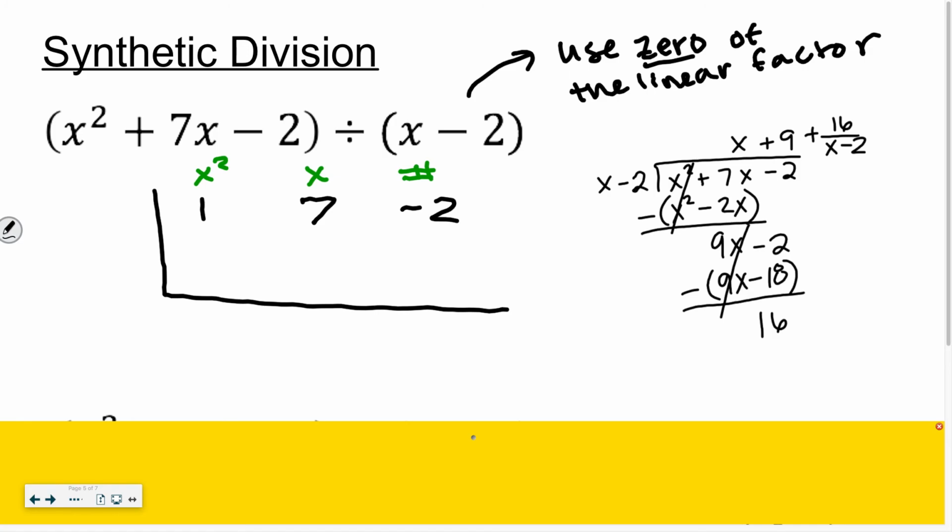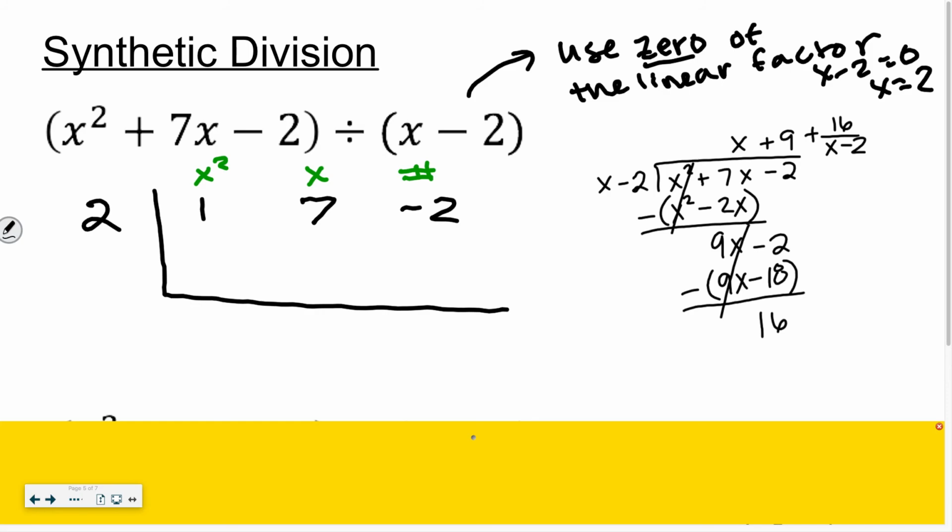So if you set x minus 2 equal to 0, then x equals 2. So outside of my synthetic box is 2. If I'm dividing by x minus 2, it looks like a positive 2 on the outside.